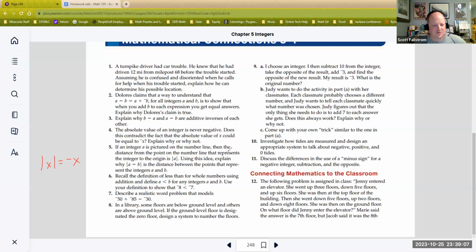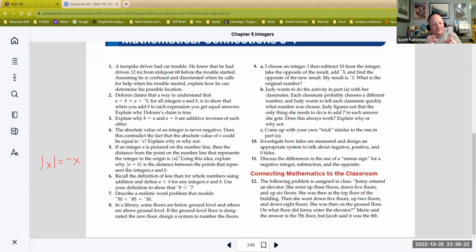And if an integer is pictured on a number line, then the distance from the point on the number line represents the origin is the absolute value of a. When they say the origin here, they're referring to the number 0. So the absolute value of a is like the distance from a to 0. Using this idea, explain why absolute value of a minus b is the distance between the points that represent a and b.